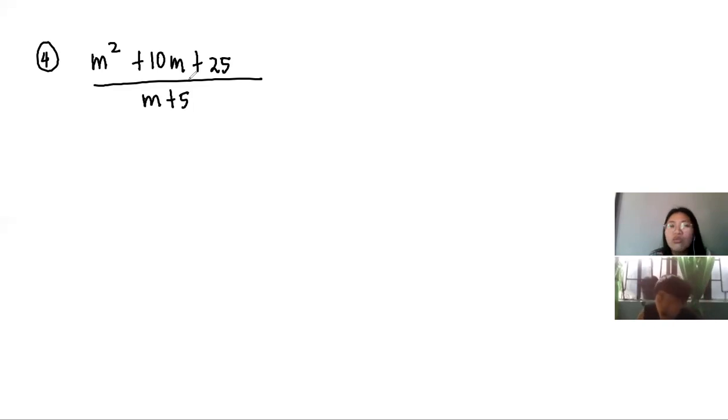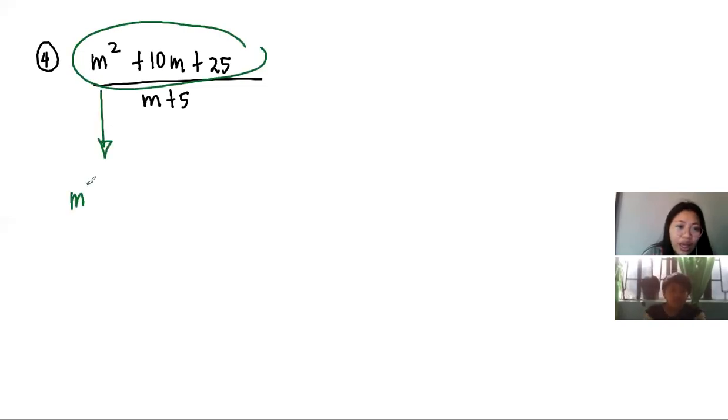Actually, the clue here is that in order for us to cancel out, there is surely an m plus 5 in the upper part, because we will cancel the one down here. There is surely an m plus 5 on top. Again, this cannot use the CMF but trinomial factoring. So, m squared plus 10m plus 25.